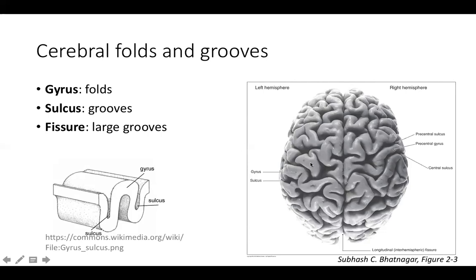And they also have folds. These folds are called gyri, and the grooves are called sulcus or sulci. When we have large grooves, we call that a fissure.